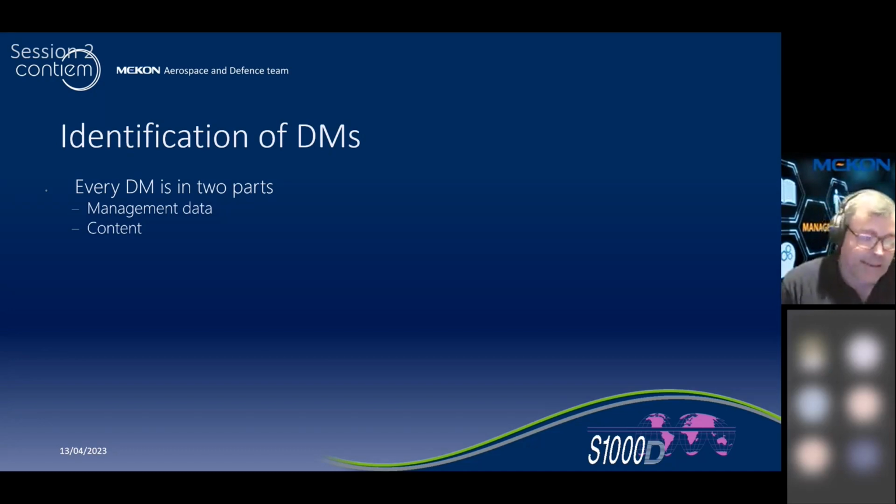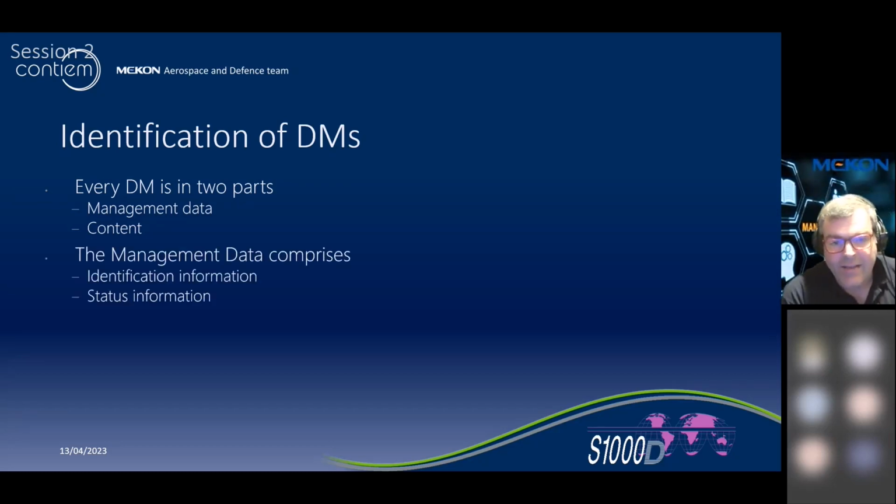But the management data, by and large, is the same for every data module, whatever type it is. There's a few minor exceptions with some of the specialist management types, but by and large, the ID and status is the same. And it's called the ID and status because it has, again, two parts, identification and status.